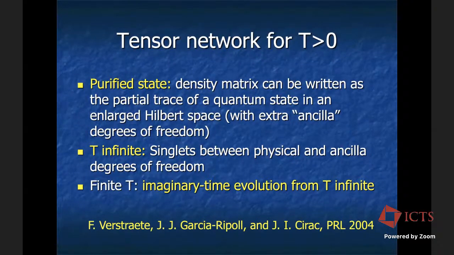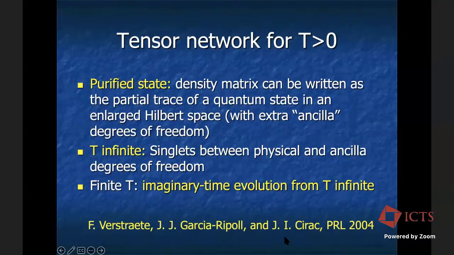If one makes, for instance, singlets between the physical degree of freedom and the ancilla, and traces over the ancilla degrees of freedom, this means that one traces over all configurations of the spin system. So this corresponds to infinite temperature. Then, starting from this system and letting this object evolve in imaginary time up to a certain temperature, according only to the physical Hamiltonian, and then tracing over the ancilla degrees of freedom, one gets a faithful representation of the density operator, or the density matrix of the system.